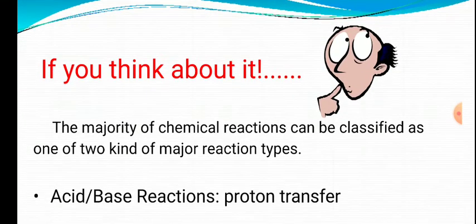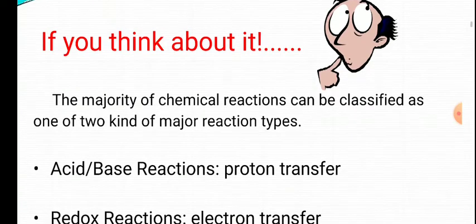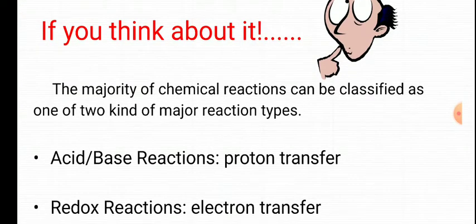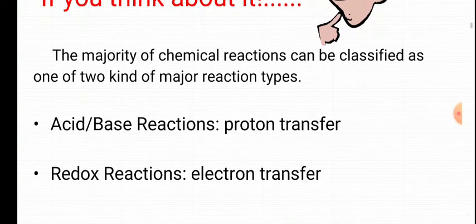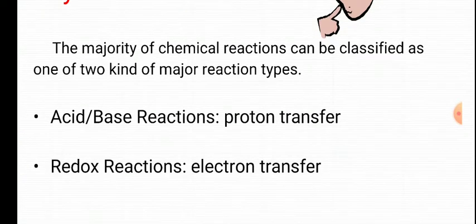So what are you thinking? You are thinking what is happening, but I'm saying that the majority of chemical reactions can be classified into one of two major categories. Number one is very simple, that is the acid base reaction, where the transfer of the proton is the main criterion.